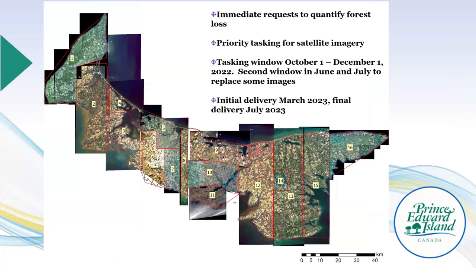I show this slide to show the spectral variability across the island. We've got 16 different areas there, and each one of them looks very different. So for us to try an automated image object detection, which was our plan, we essentially needed 16 different models, which is exactly what we did.